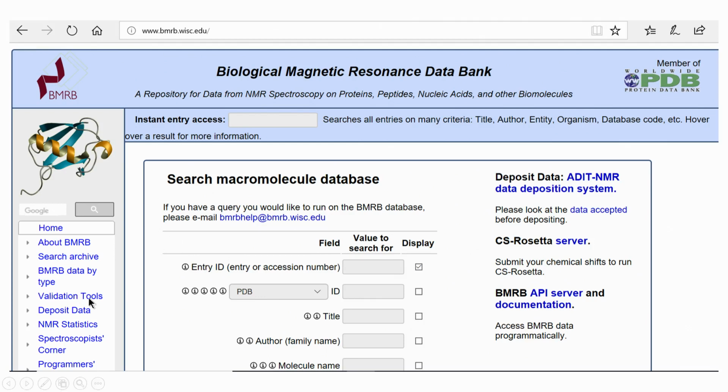Here again you can use different links, look at statistics, look at how many structures have been deposited, and you can deposit your own data and so on. I would strongly recommend visiting this website, trying all these different links, and seeing what you get. That is a good exercise for a person who is new to NMR, especially biomolecular NMR, to have a look at this database.